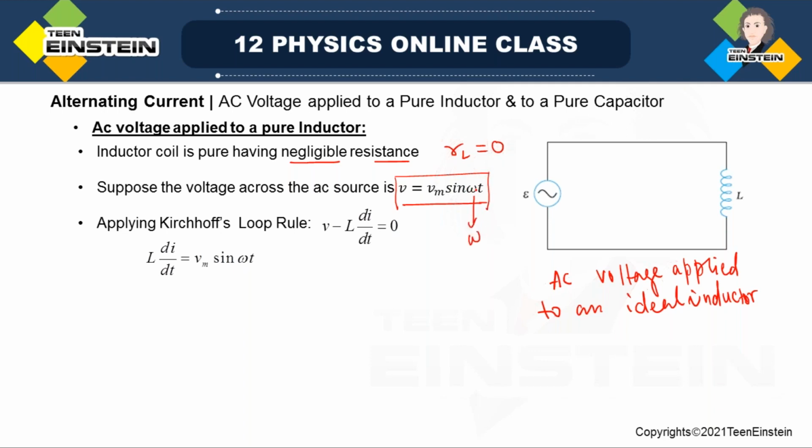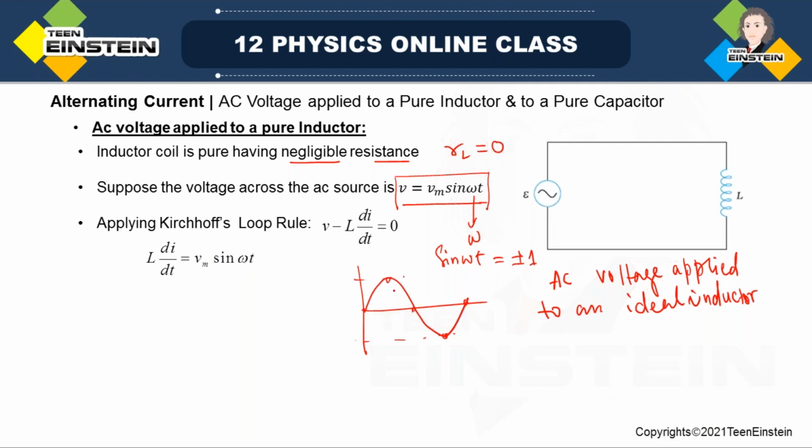As you know for an AC signal, sine omega t means the voltage will be varying as a sine curve like this. Sometimes it will be zero, sometimes maximum, again zero. Over a full cycle, again it will be maximum on the opposite side, because sine omega t has its value between plus and minus 1.